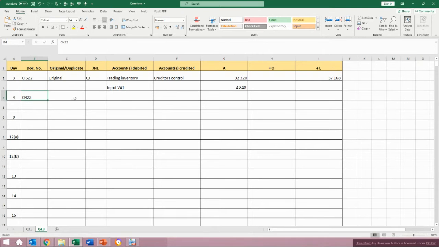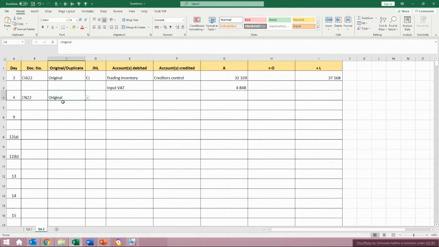Okay, so Tumelo says this is an original document, and that's correct. So when I deal with my supplier, the documents I receive are originals because they give me the document. So it's an original document.